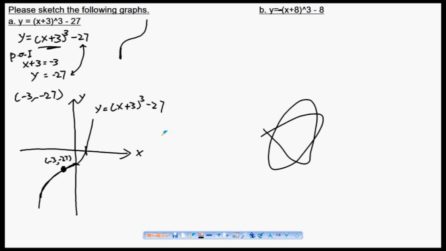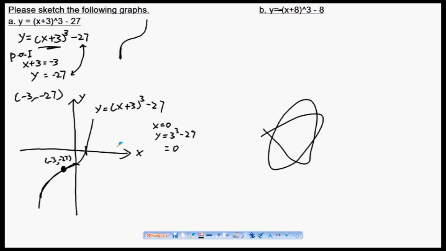So let's find them. When x equals 0 for the y-intercept, y would be 3 cubed minus 27, which is 0.